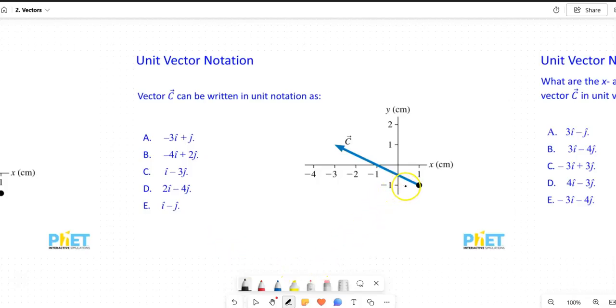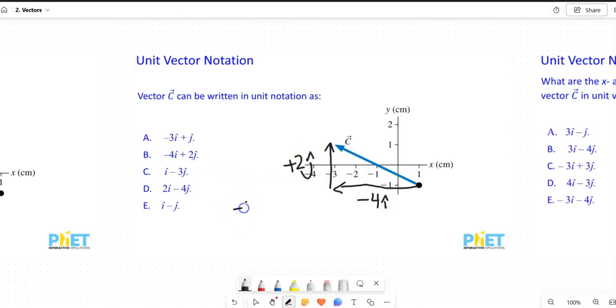Okay, so this is the same vector which is pointed to the negative 4 direction in the x direction, and in the y direction this is going to be positive 2, which is going to be j hat.